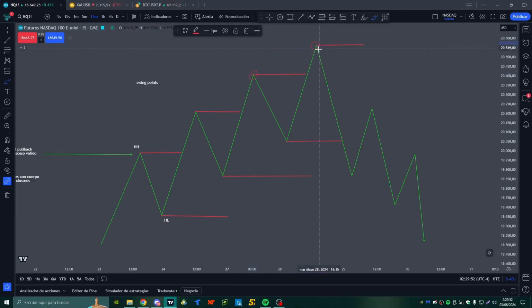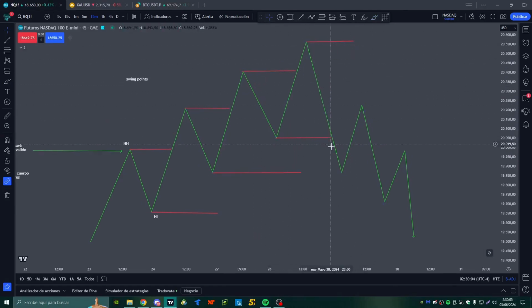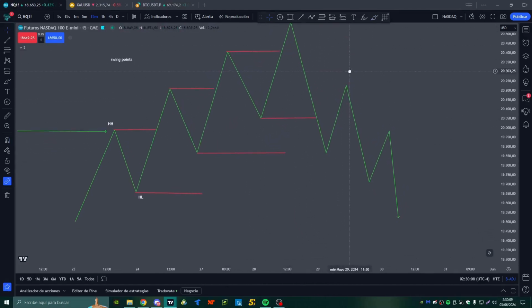Any other low in between doesn't matter to me. What matters is the lowest point between those two highs. Okay, that is going to be your protected low. So, the moment we close below, the market structure has changed, and now we are going to make lower lows.